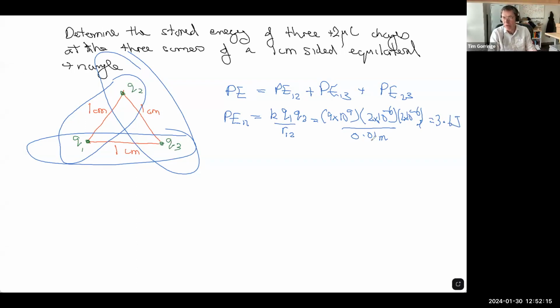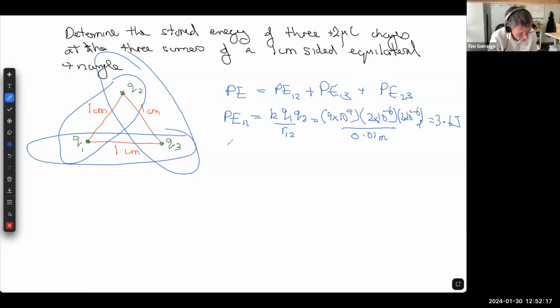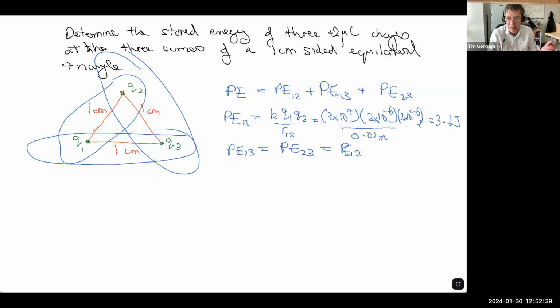Now, in general, if we got three charges, we then go on and calculate the potential energy of the two other pairs. One of them would be P13. We'd calculate that. The next one would be P23. But in this particular case, the separation between the charges in each pair is always 1 centimeter. The values of the charges is always 2 microcoulombs.